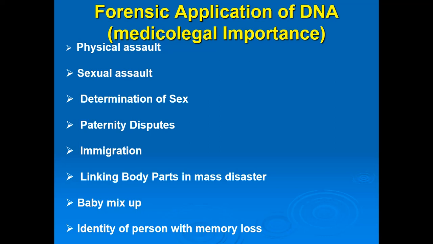So next, what is the medicolegal importance of DNA fingerprinting, or what is the forensic application of DNA, how is it used? The question was asked, what is the forensic application? So that means importance in law.